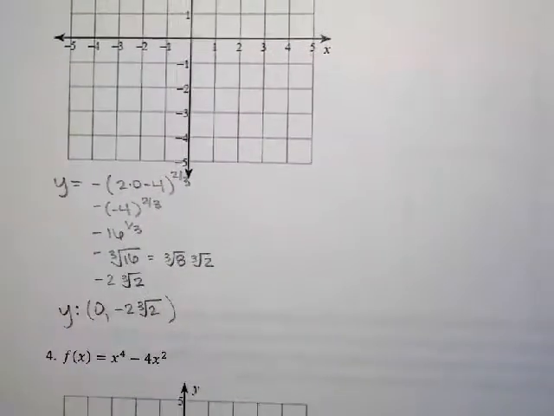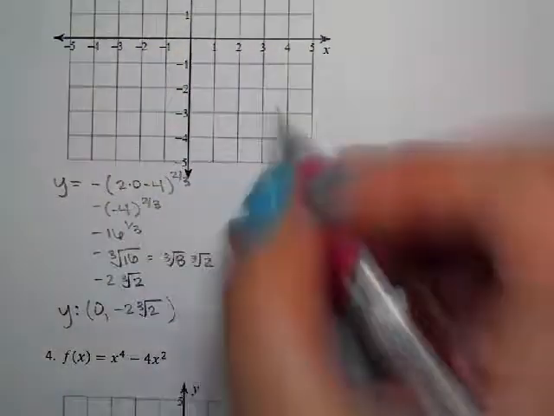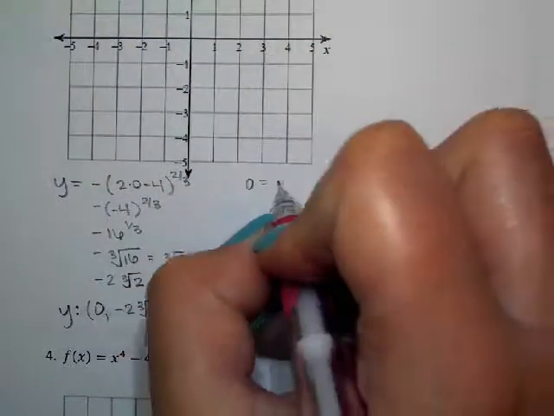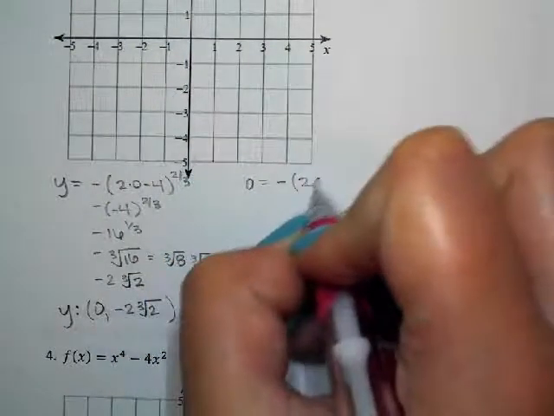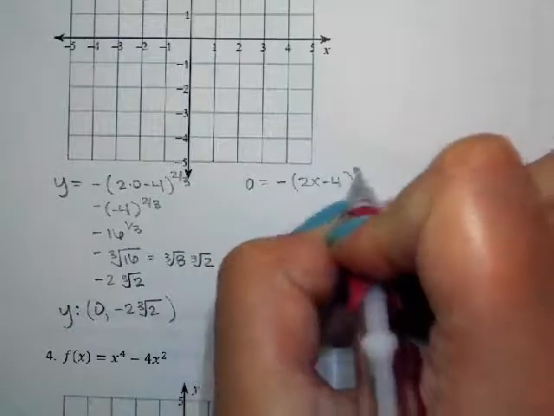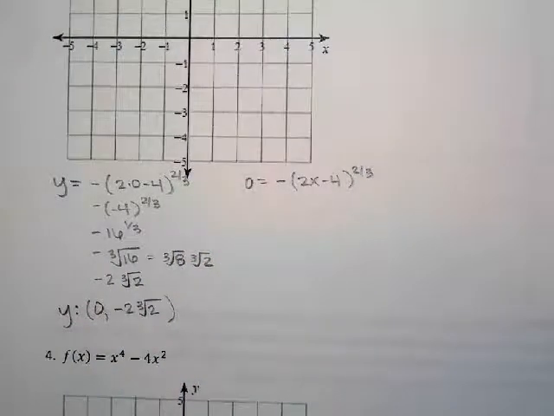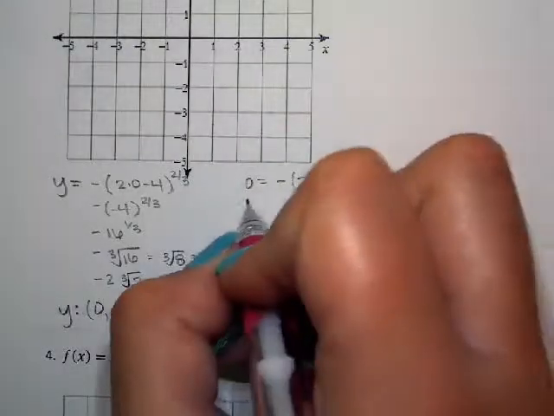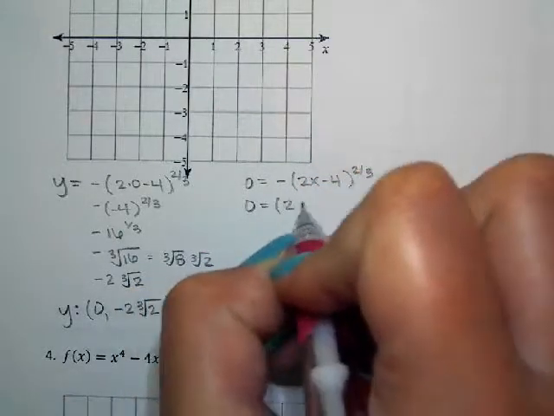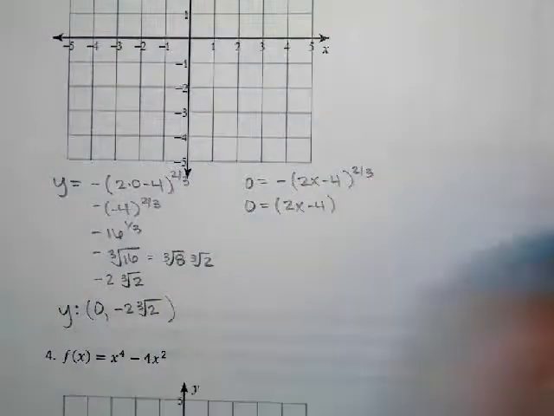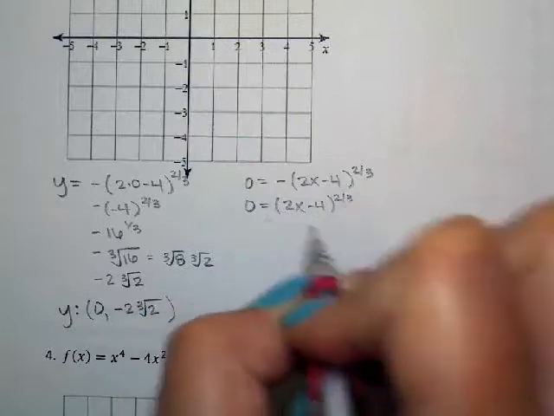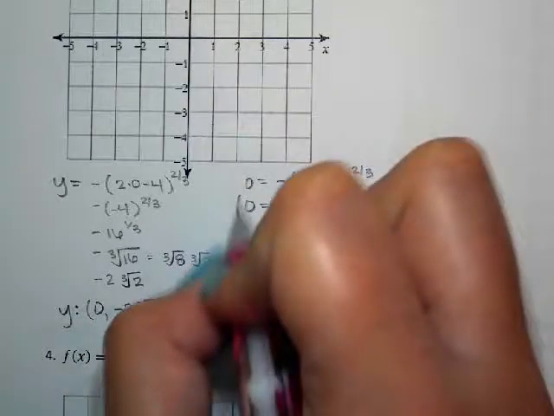X-intercepts, what do we do? Okay, so 0 equals negative 2x minus 4 to the 2/3. And then what do I do? We can divide by negative 1, it still equals 0. So we can raise both sides to the 3/2.